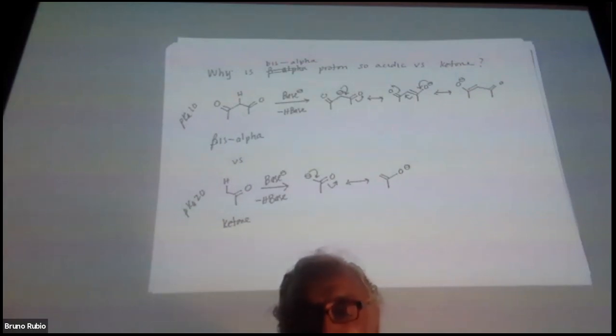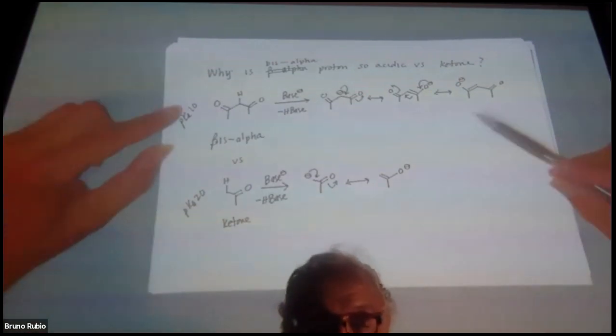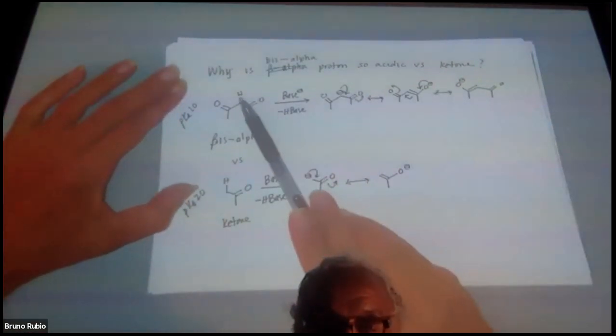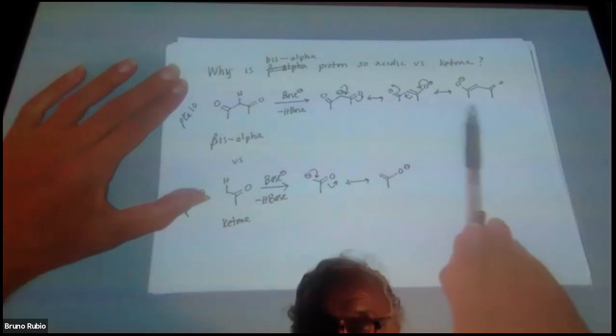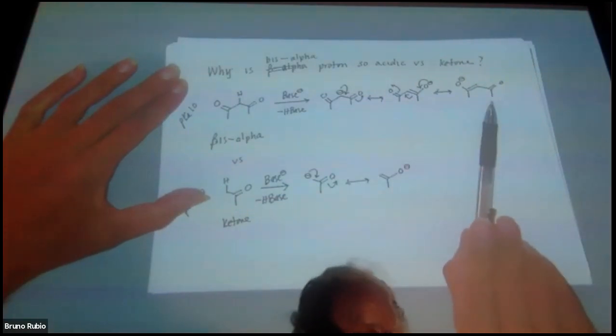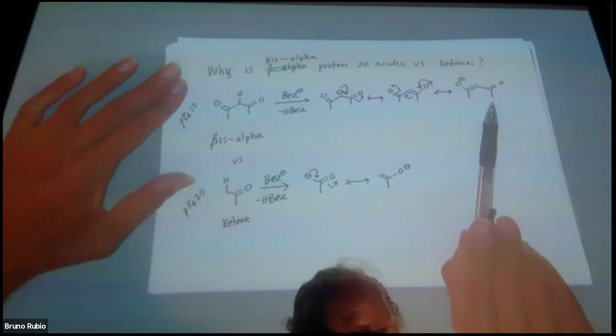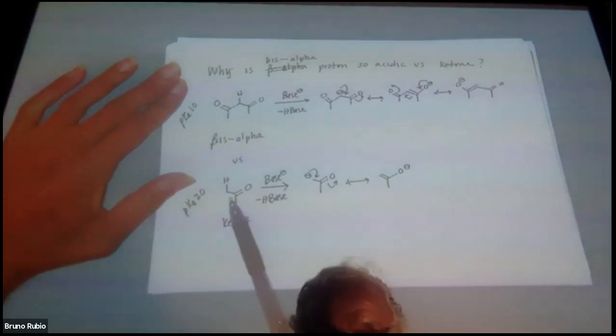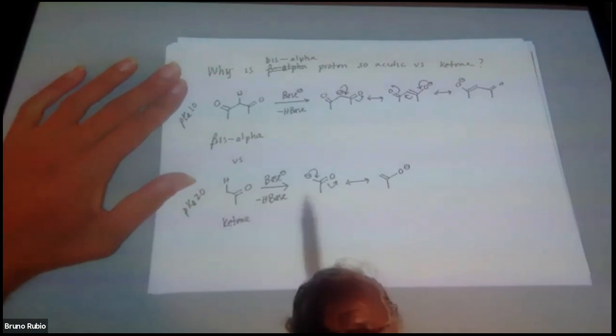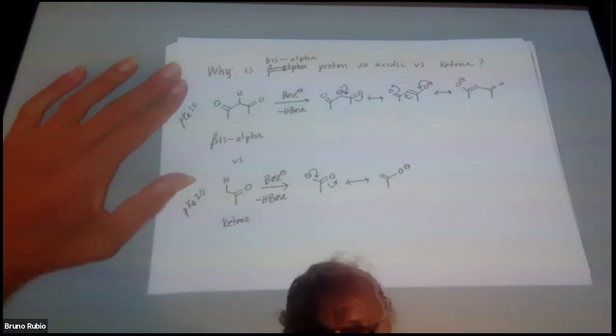So remember that resonance is stabilizing, and removal of this bis alpha proton produces a species that has more resonance, more stabilization than the removal of a ketone proton, which has less resonance and less stabilization.